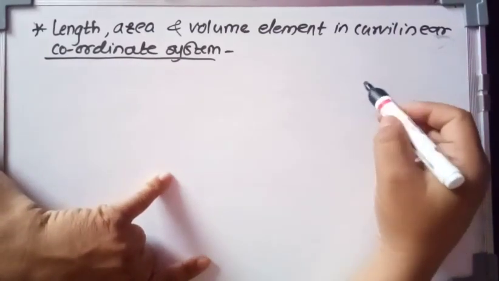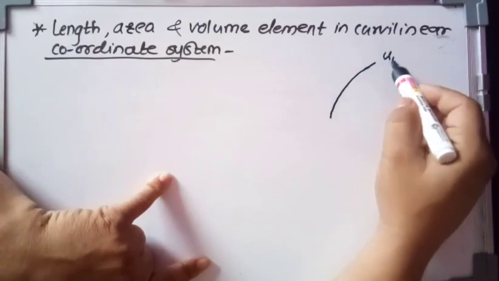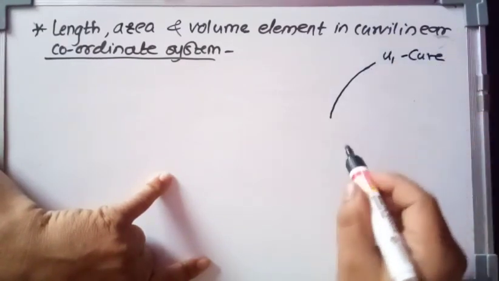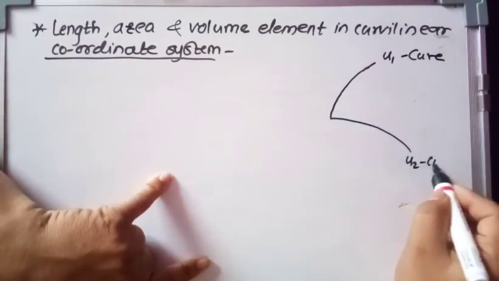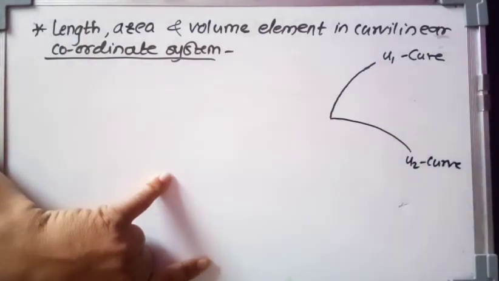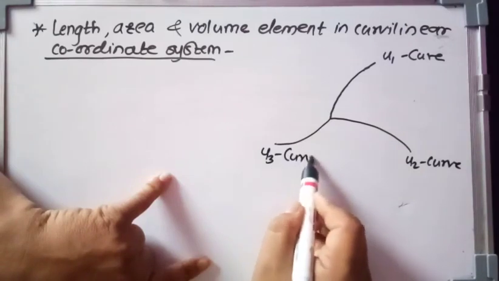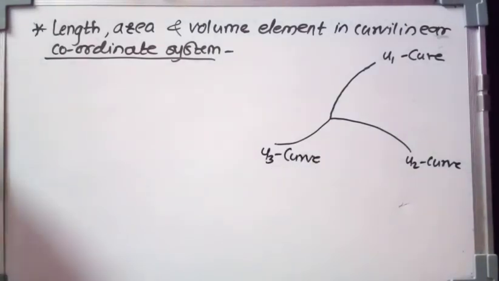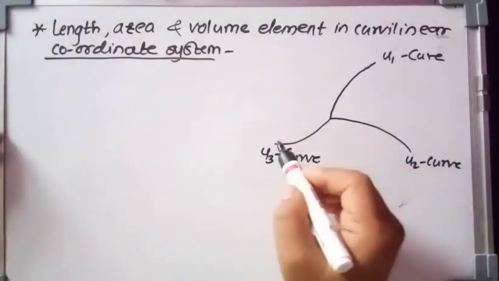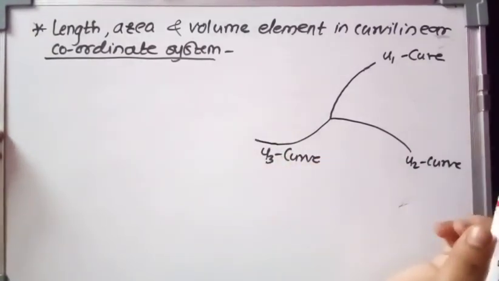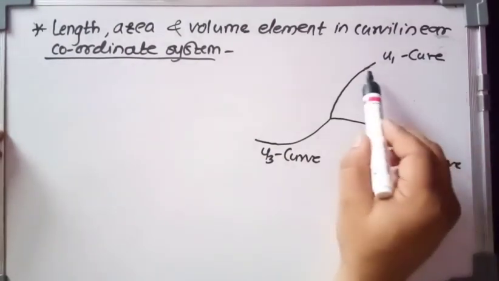Now first draw curvilinear curves. This is U1 curve, U2 curve, U3 curve. Now construct areas first.